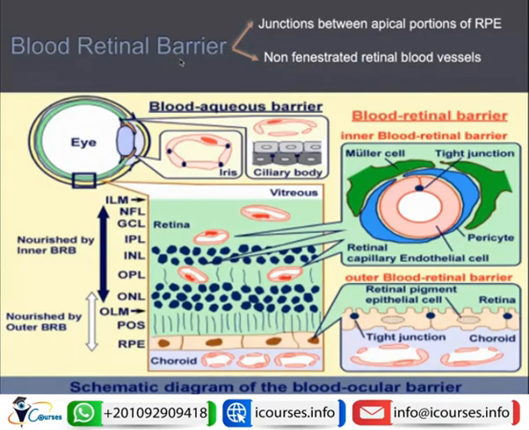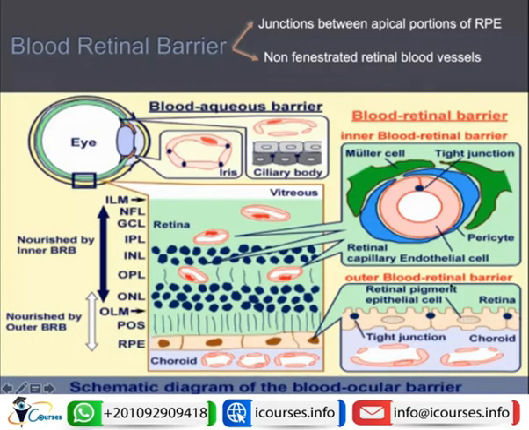We'll just know the anatomical part here, which is the blood-retinal barrier. It is a barrier present in the retina preventing large molecules such as microorganisms, antibiotics or plasma proteins from entering the retina, as this would impair the transparency of the retina. This blood-retinal barrier is formed by an outer part and an inner part.